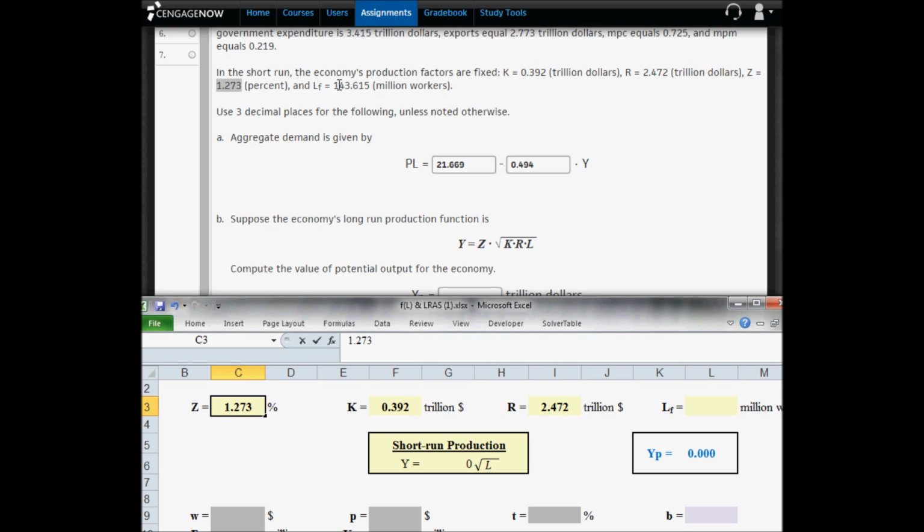And the labor force is 143.615 million workers. So potential output, according to the simulation, is $15.017 trillion.